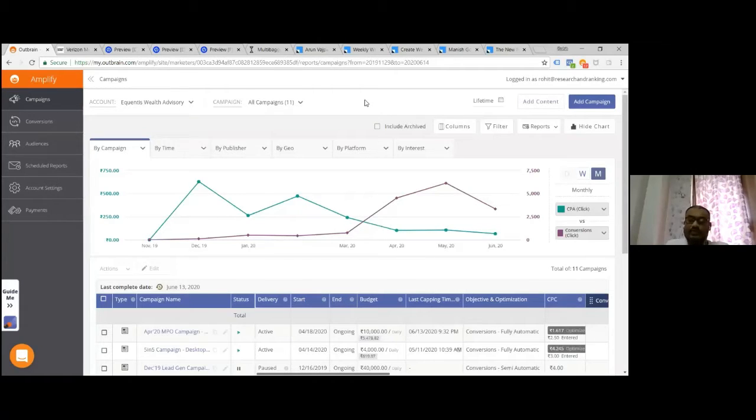The second vertical is new customer acquisition through organic media, right? This is where I put all your SEO, all your social media, all your online reputation management, and everything. So the fundamental difference today in digital marketing is just a thin line: whatever you do with an advertising budget is paid media acquisition, and whatever you do which is effort intensive but does not require advertising money is organic media, right?